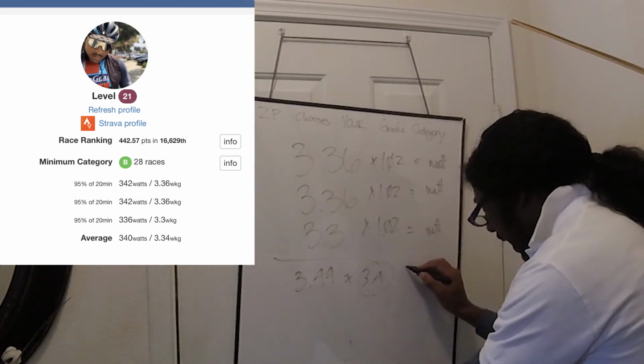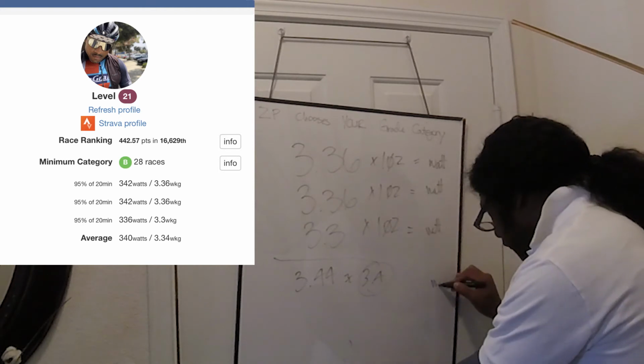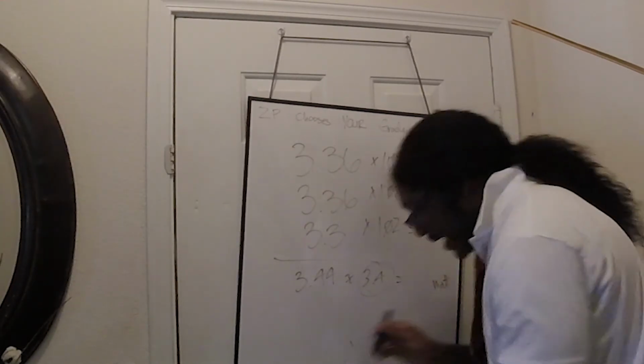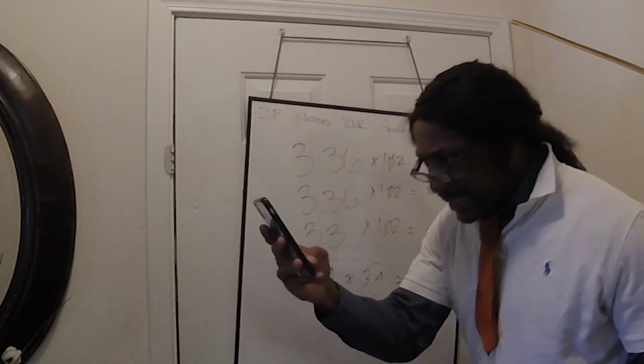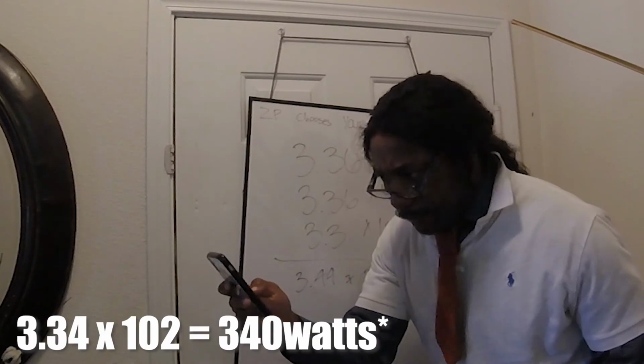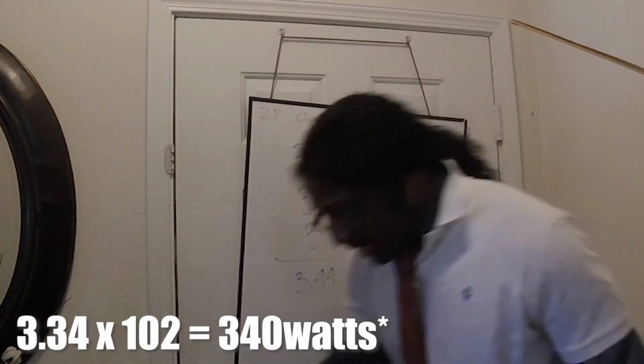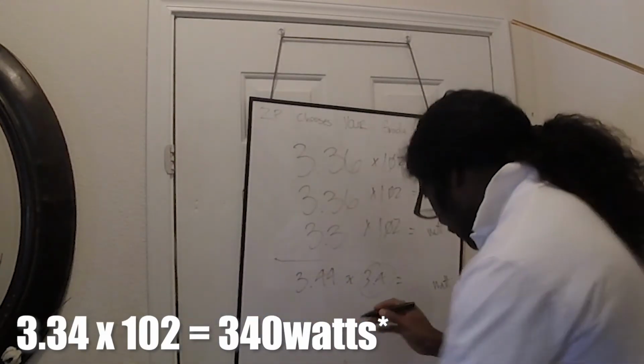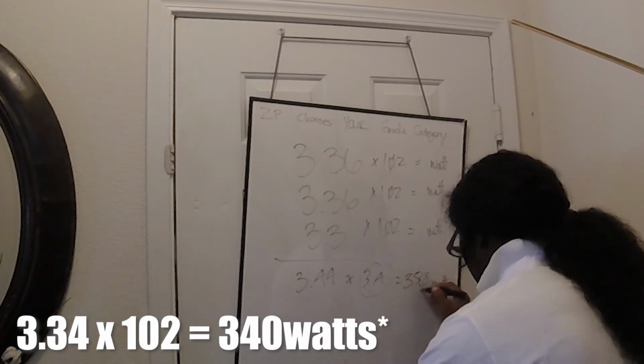So at the bottom part, you see there's an average down at the bottom of 3.4, and then they have a wattage for Mr. Critwit. And that 3.4 times 102 is, ladies and gentlemen, class, you want to tell me? 3.4 times 102 is 350 watts.